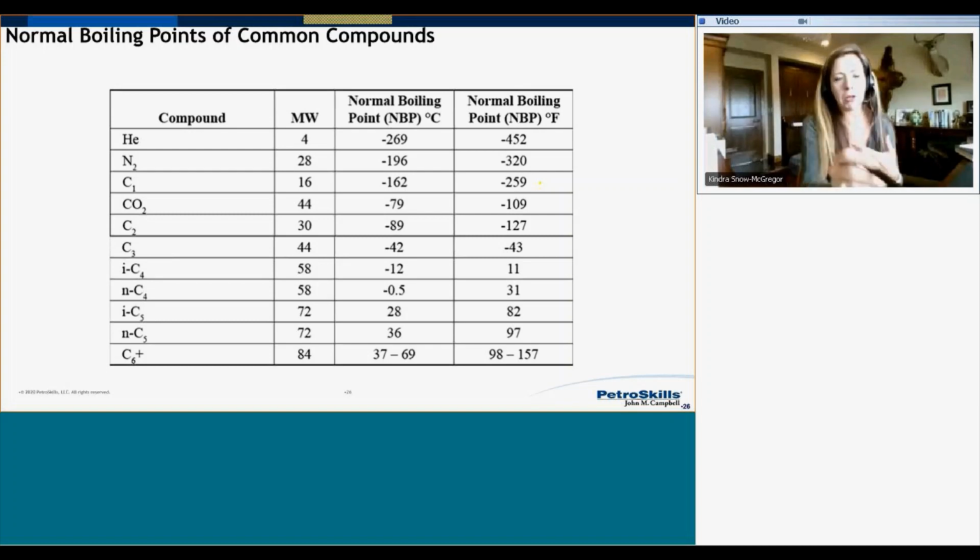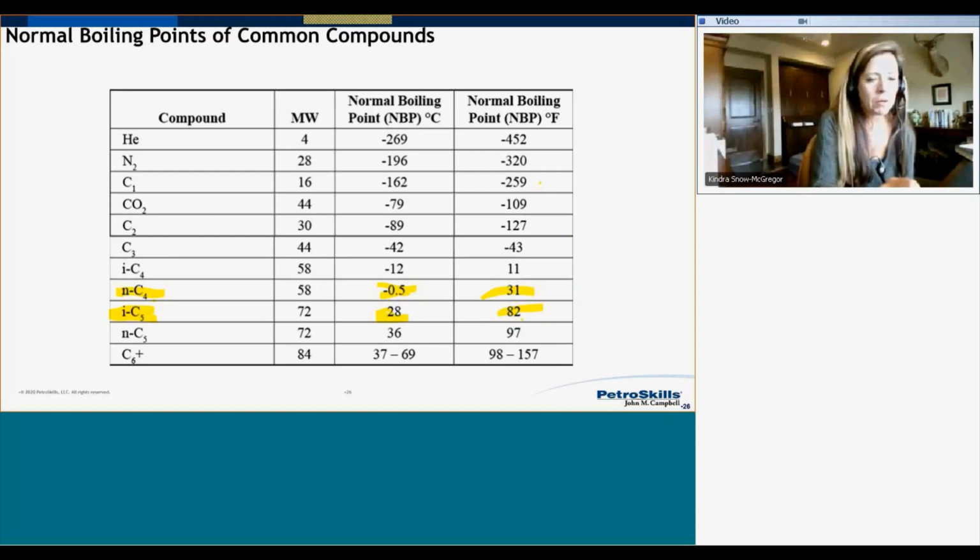But really, when I look at the normal boiling point, let's say I want to separate my isopentane from my normal butane as a stabilizer, and notice I look at the differences in my boiling point. I have a really nice spread. That's a pretty easy separation. There's a big difference in my normal boiling points in terms of the products that I'm trying to separate.